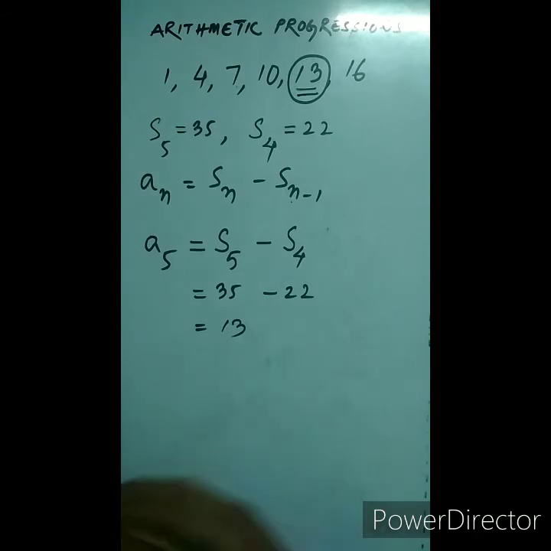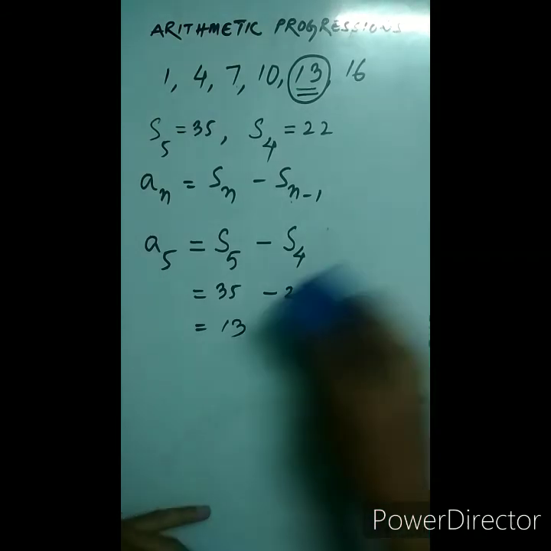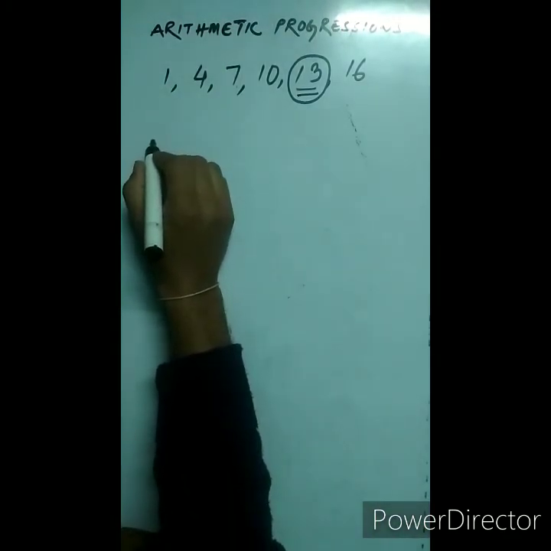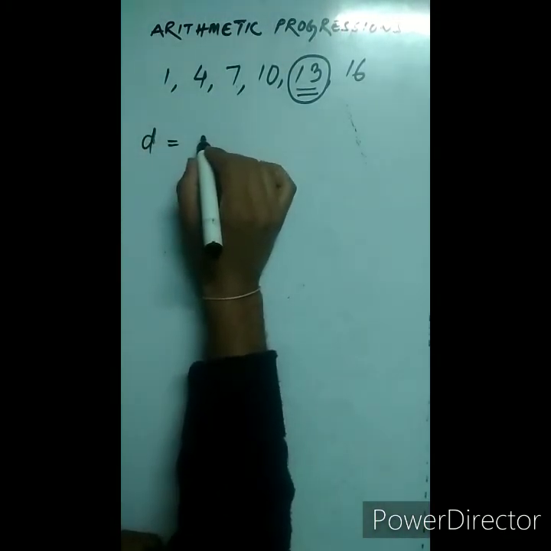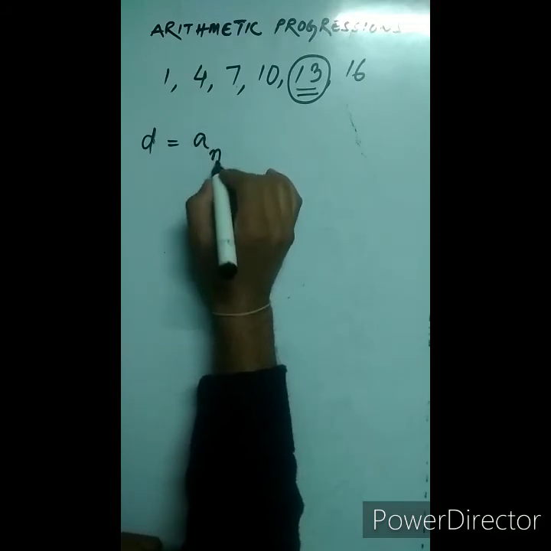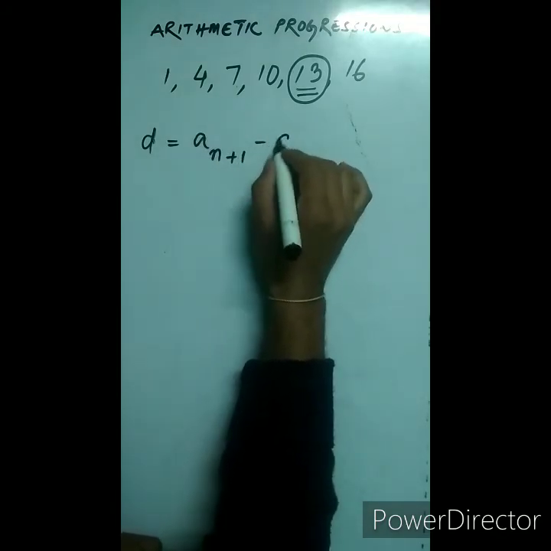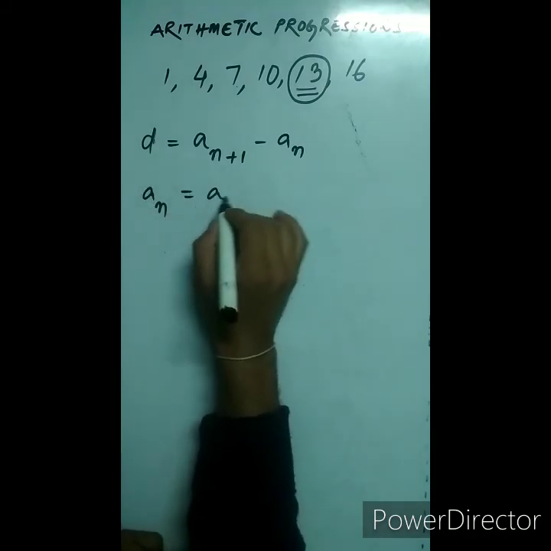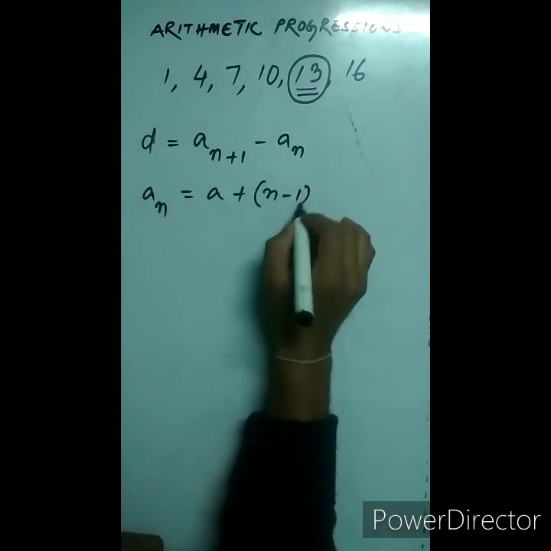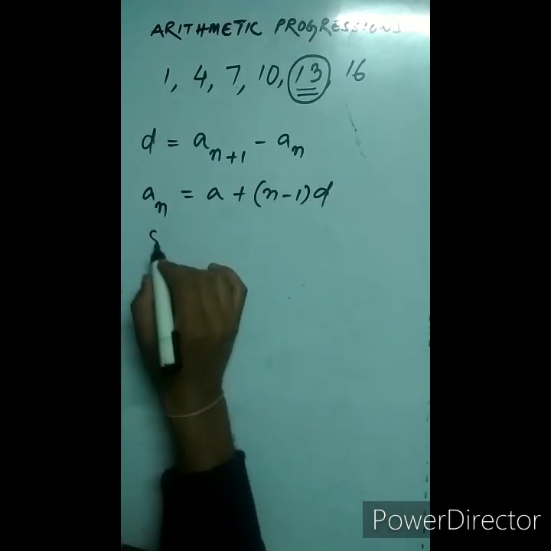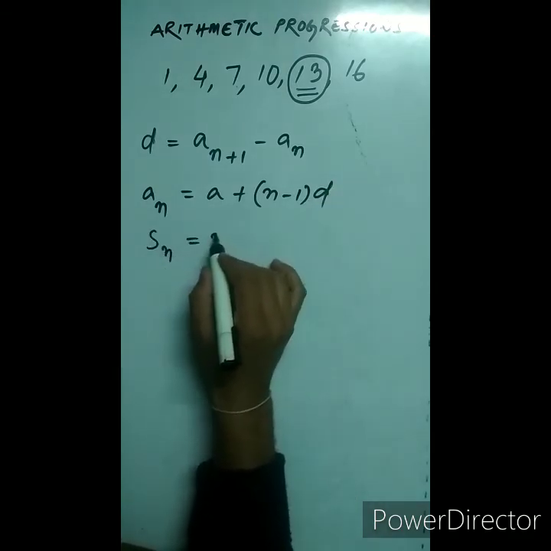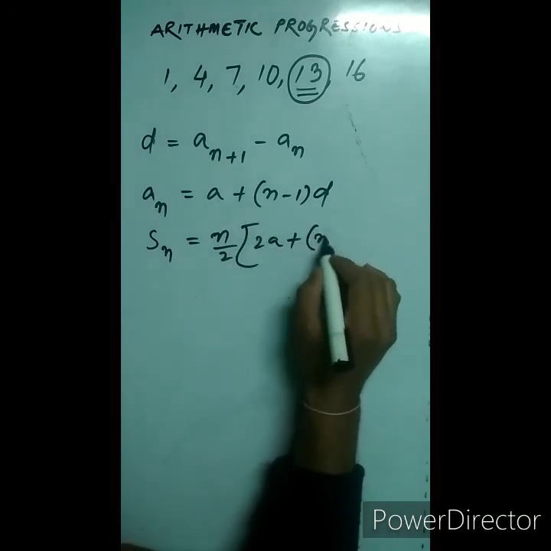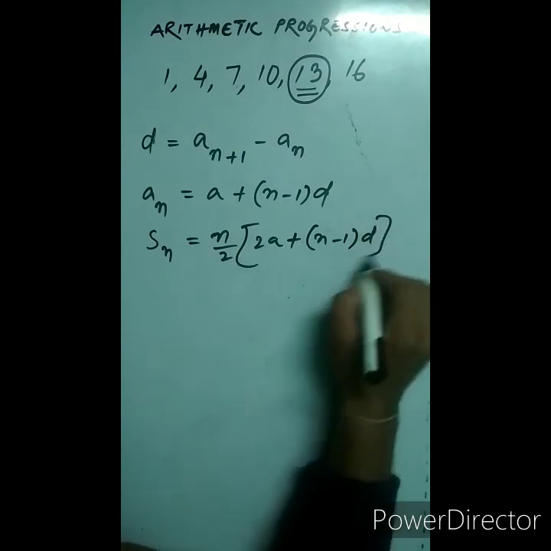Whatever formulas we learned before, I'm going to write here one by one. First, d will be given by a(n plus 1) minus an. Second, an is a plus (n minus 1) whole d. Third, Sn is n by 2, twice a plus (n minus 1) whole d.